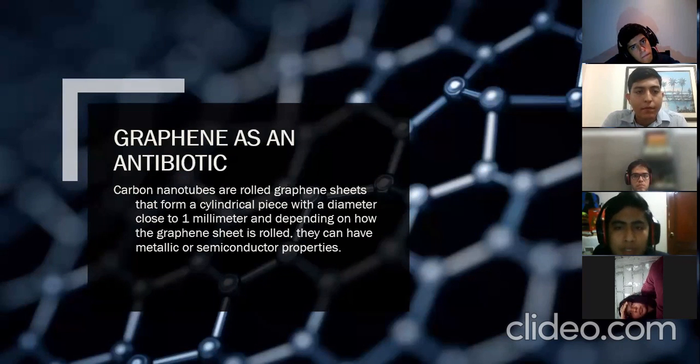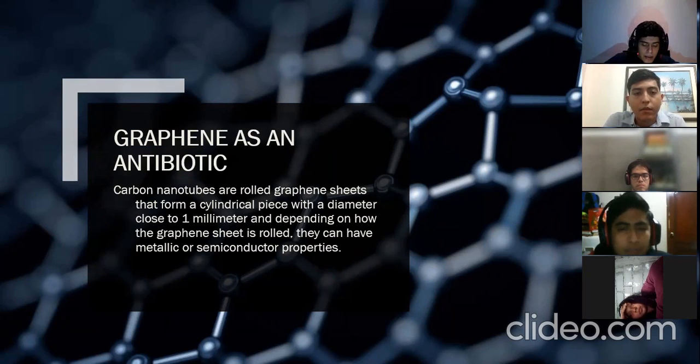Carbon nanotube as an antibiotic. Carbon nanotubes are rolled graphene sheets that form a cylindrical piece with a diameter close to 1 millimeter, and depending on how the graphene sheet is rolled, they can have metallic or semiconductor properties.